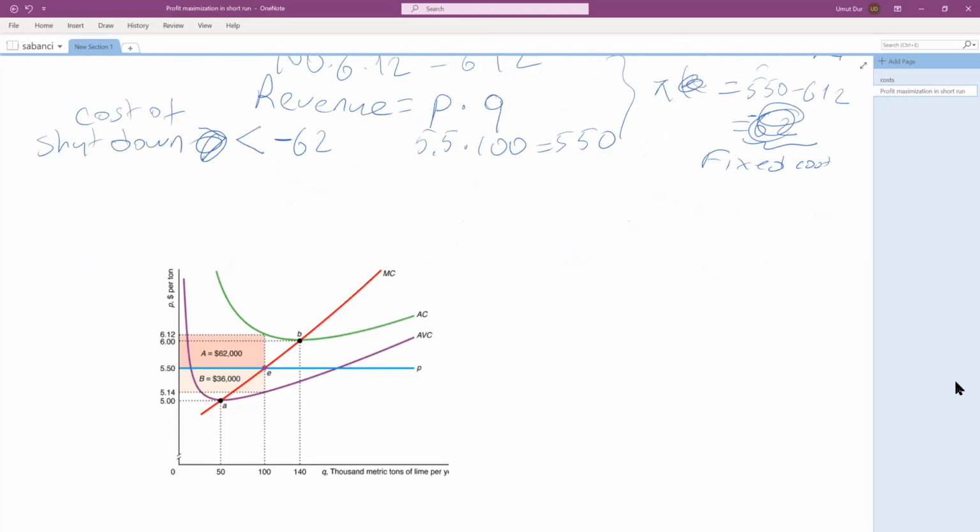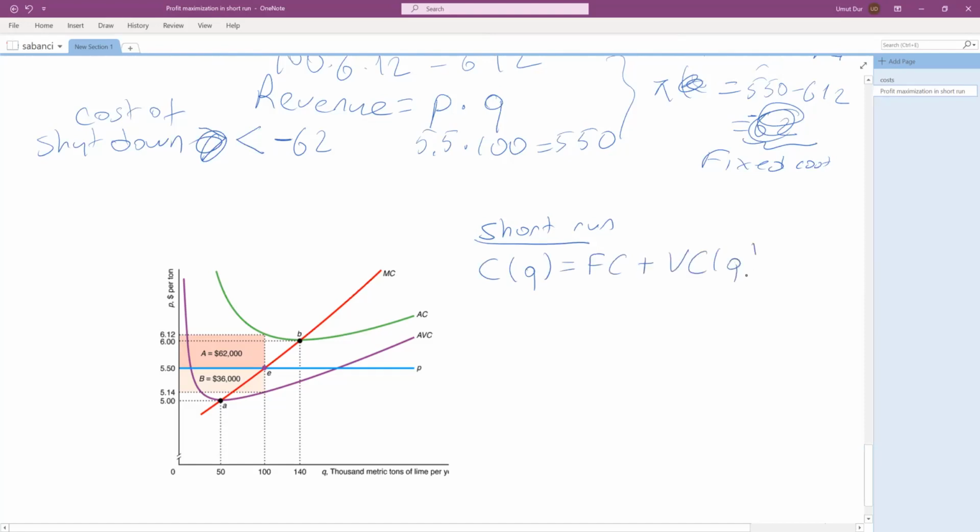Let's go step by step. Okay. So remember, we are in short run. So the short run cost function is fixed cost plus variable cost.